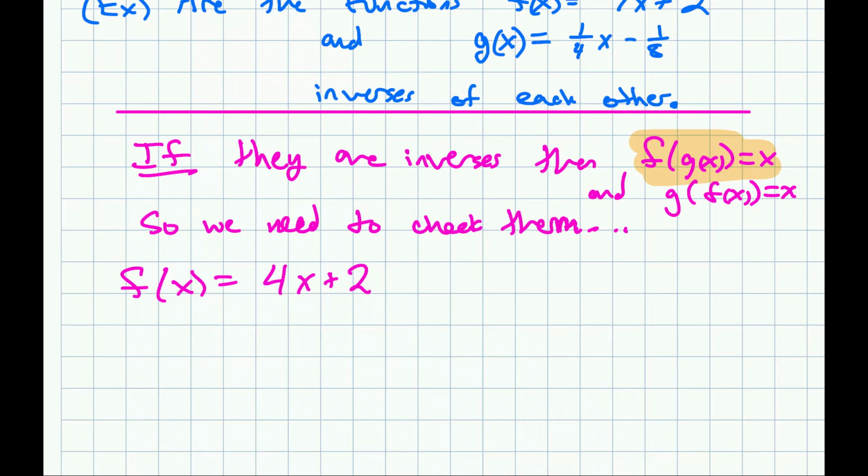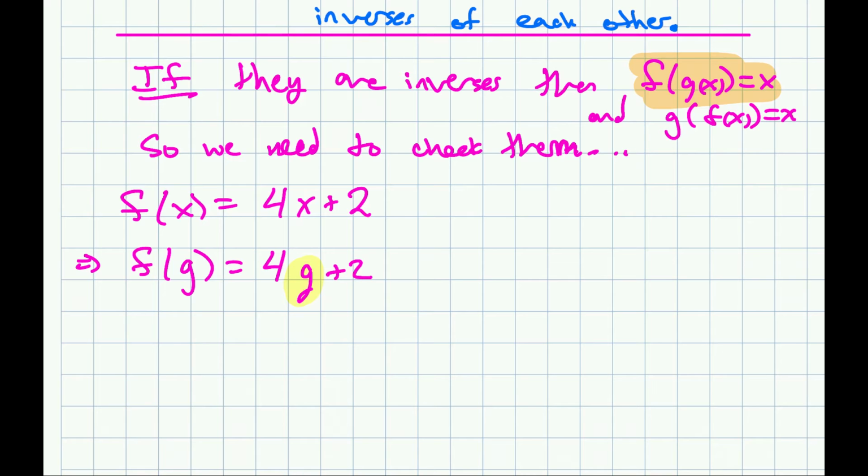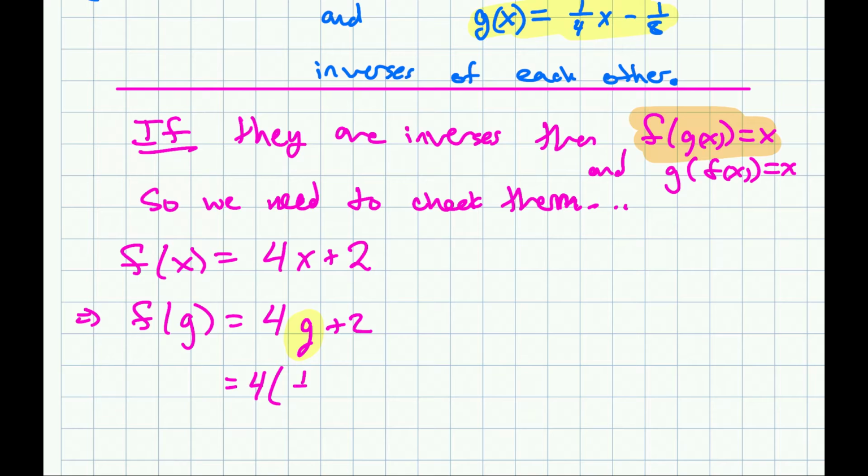That means f of g is 4g plus 2. Then we take the formula for g and plug it in for that g. So we get 4 times g, where g is 1/4 x minus 1/8, plus 2.